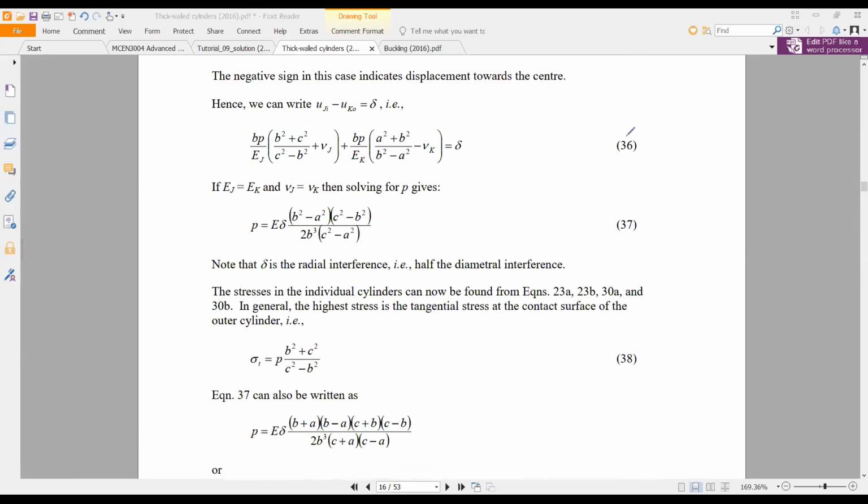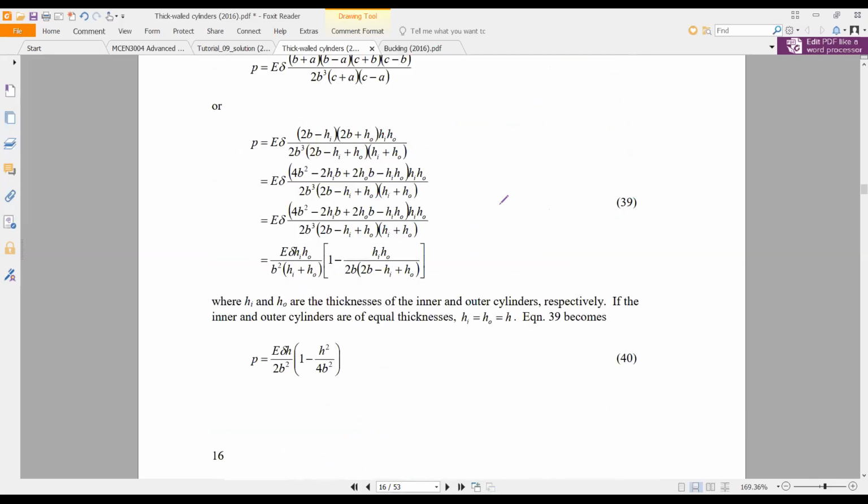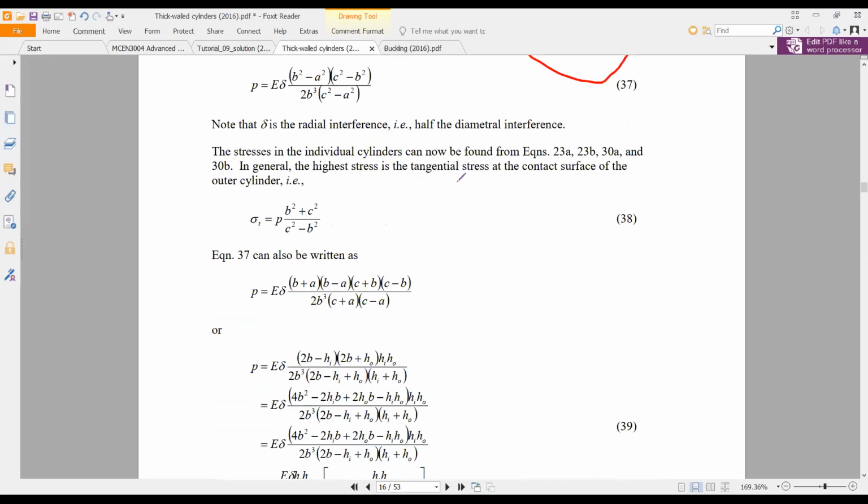So in the question, if you get a cylinder like this and it expands like this, and you get the two diameters, then assume this is the outer surface. So if you are going to get the interference, don't just take the difference between the diameters. You need to get the difference and divide by 2. Just for understanding, I explained it here.